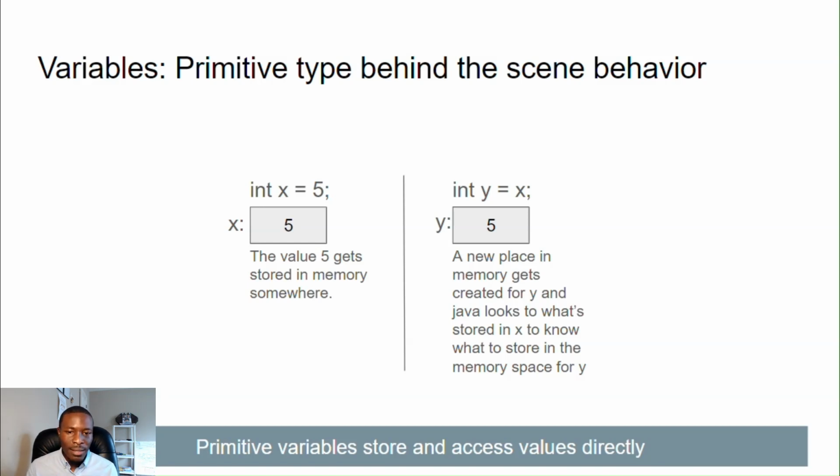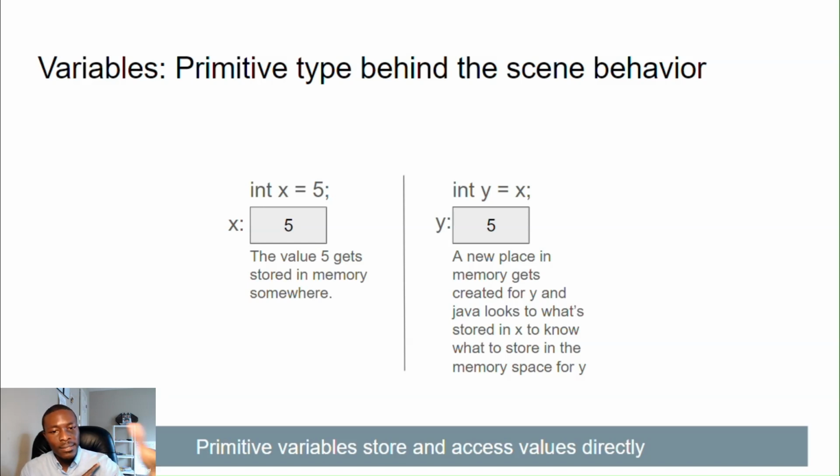All right, so let's get into the example. Let's say we're creating an integer x and we want it to store 5. Behind the scenes, Java is going to create a space in memory and store the value 5 in that space. Whenever we use x, Java knows that x has a space in memory, goes to that space, and pulls out what's in there.